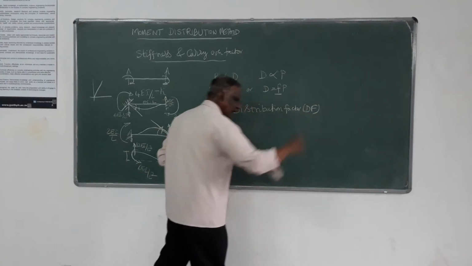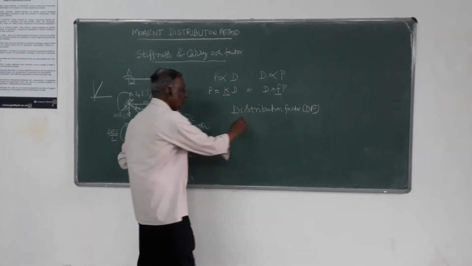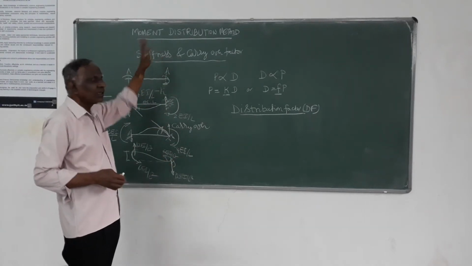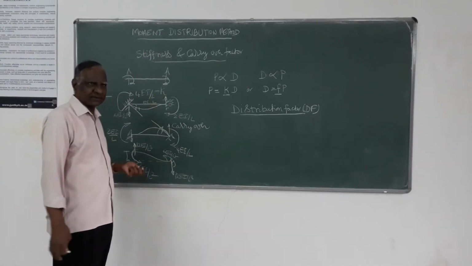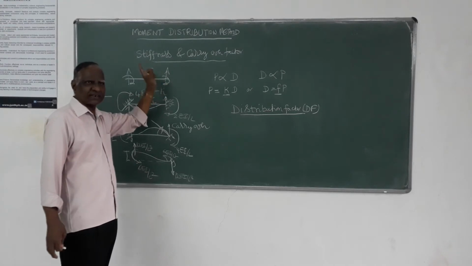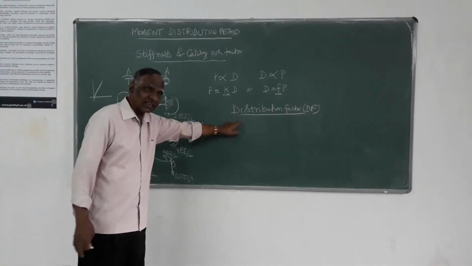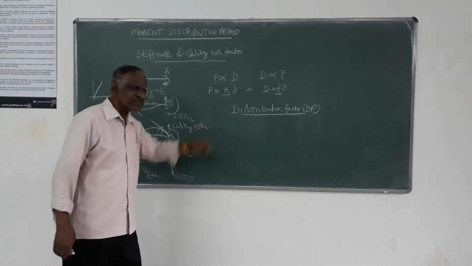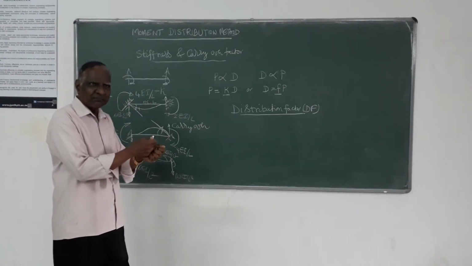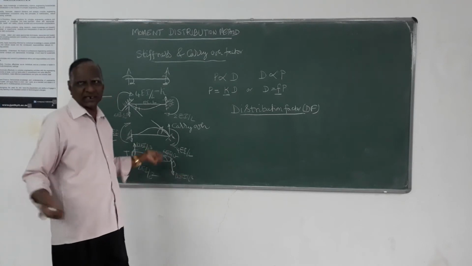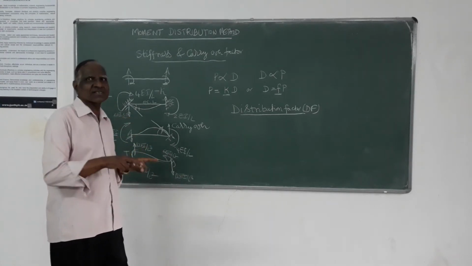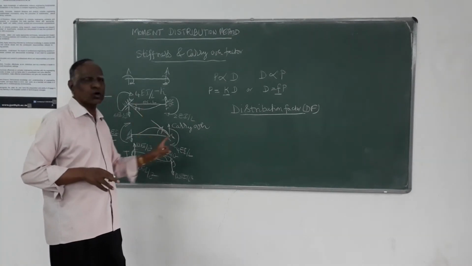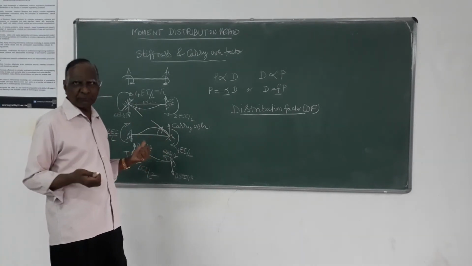This is another term which one has to bear in mind before going for the moment distribution procedure, after knowing stiffness and carry-over factor. Actually, as the name itself indicates, it is a question of distribution of forces here, not displacement: distribution of forces among various members.